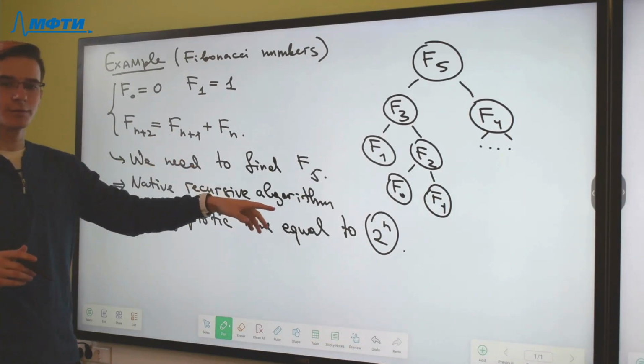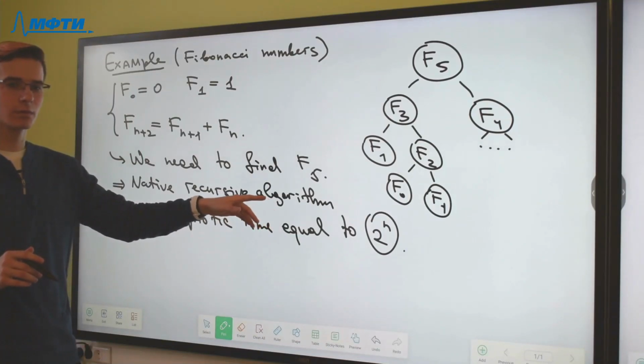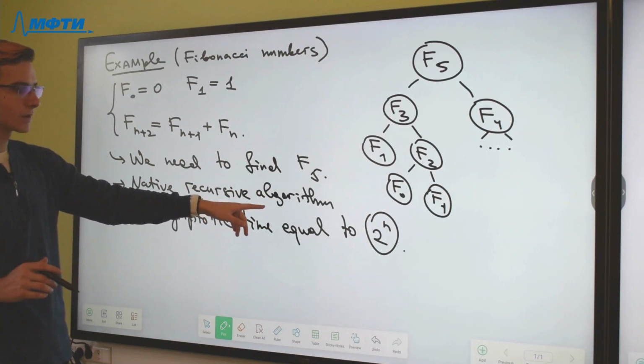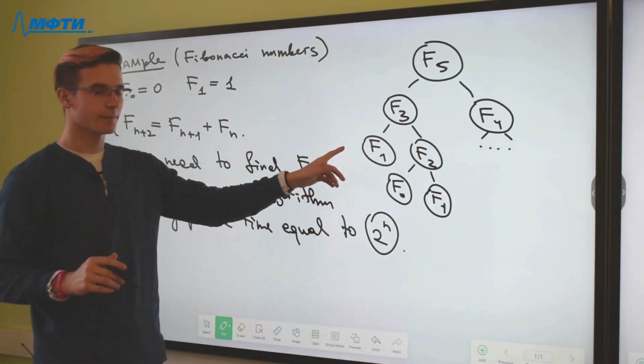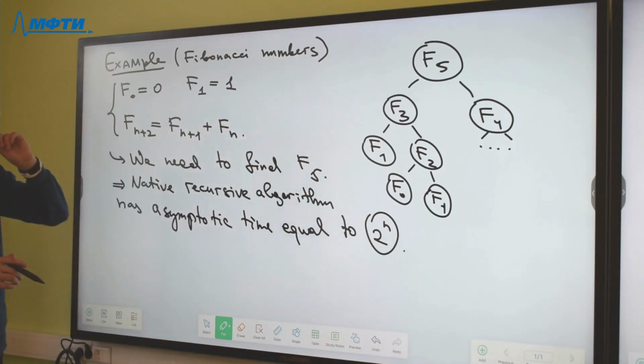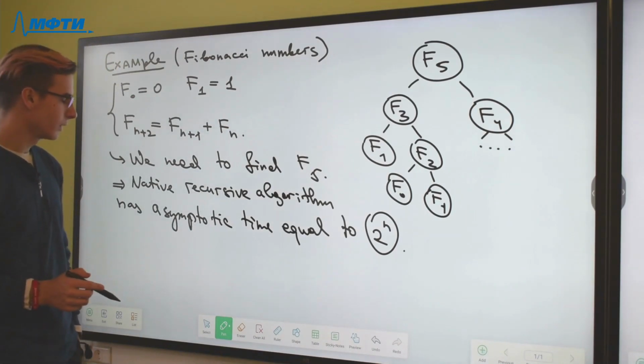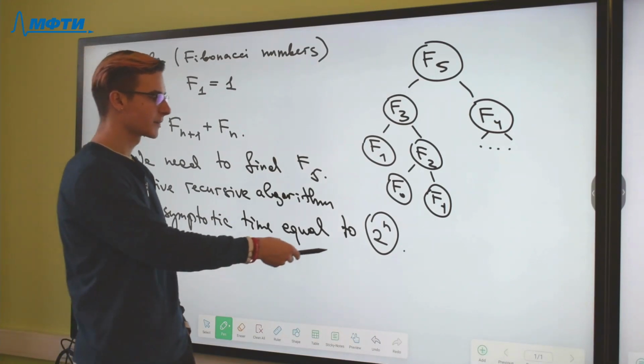You know this asymptotics from other courses, yeah? So how can we solve the task of finding Fibonacci numbers in a way that spends less than exponential time?